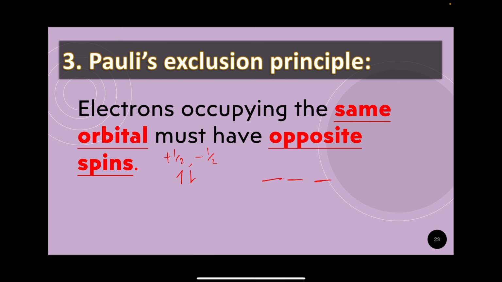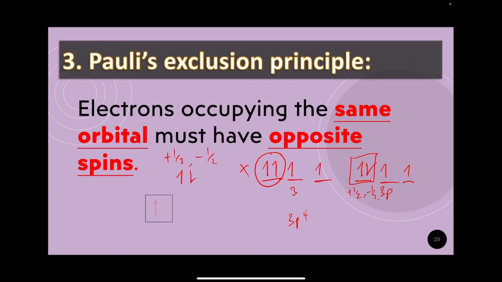Let's say we have 3p4: 1 2 3 and 4. This is wrong. The right answer is 3p 1 2 3 and 4, which means we have half positive and half negative spins of the electrons.